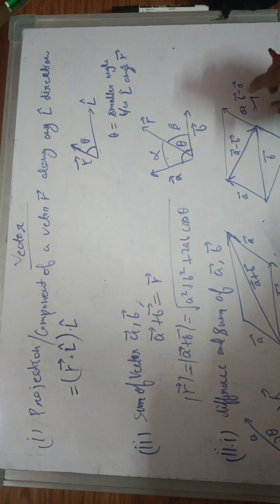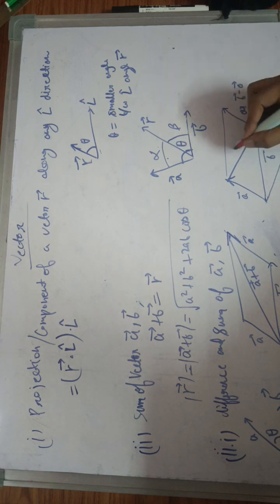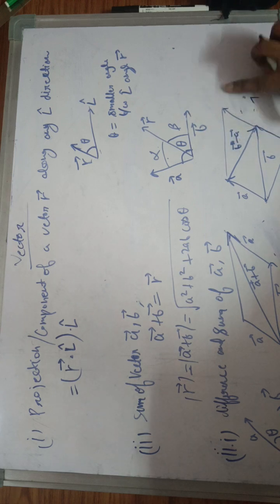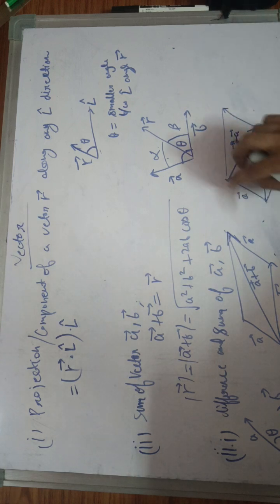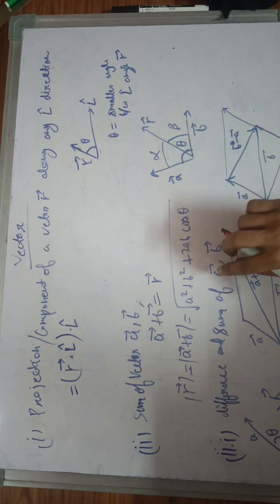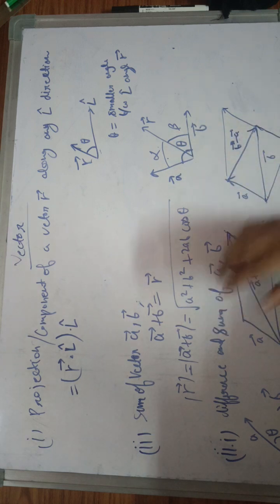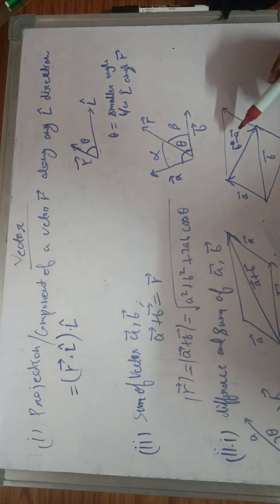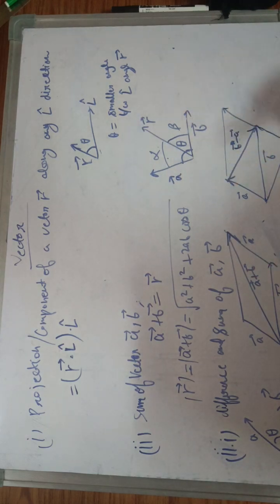And if I take A minus B vector, then I will take A here and then minus B, and this vector will point in the opposite direction. The A minus B vector will point in this direction.